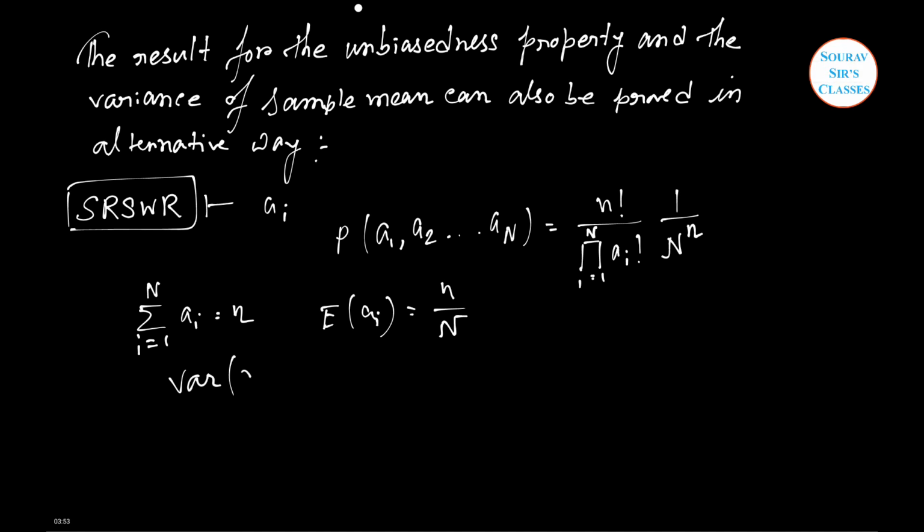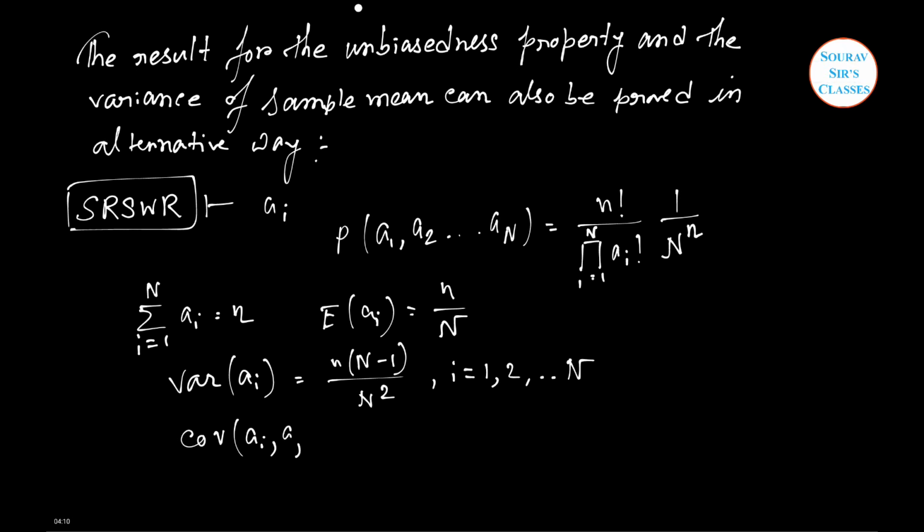Variance of a_i equals n (N minus 1) by N square, i equals 1, 2, up to N. Covariance of a_i and a_j equals minus n by N square, i not equal to j.